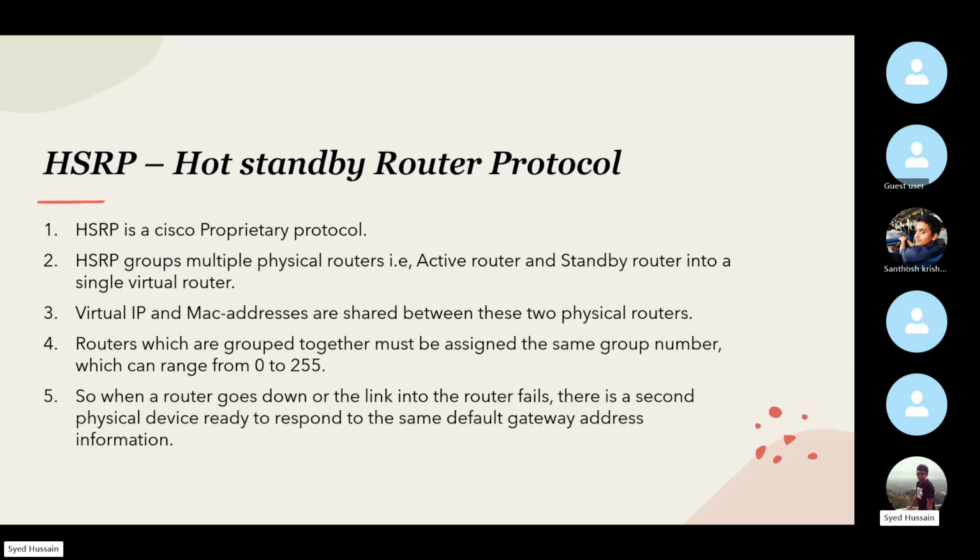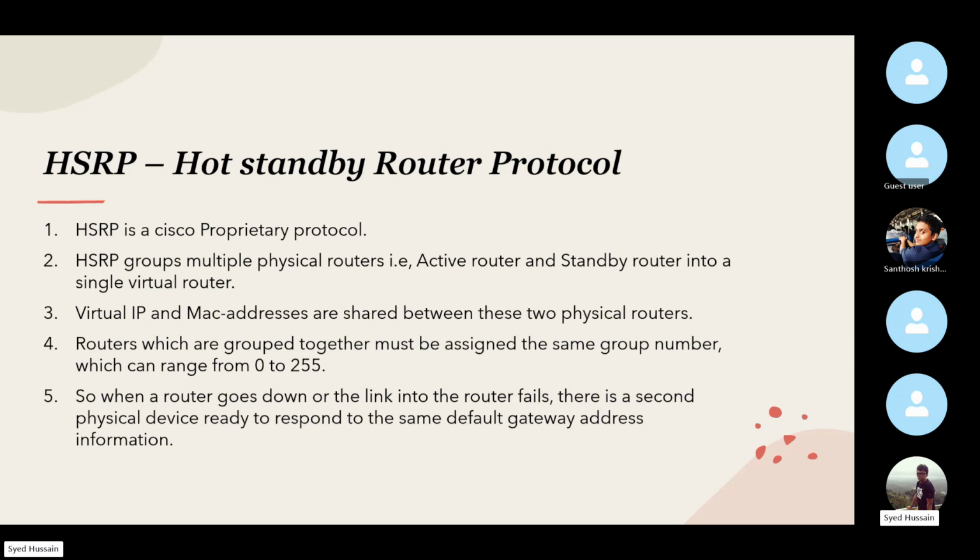There is a virtual IP address and MAC address shared between these two physical routers. Active and standby routers are physical routers. The routers that are grouped together must be assigned the same group number, which ranges from 0 to 255.